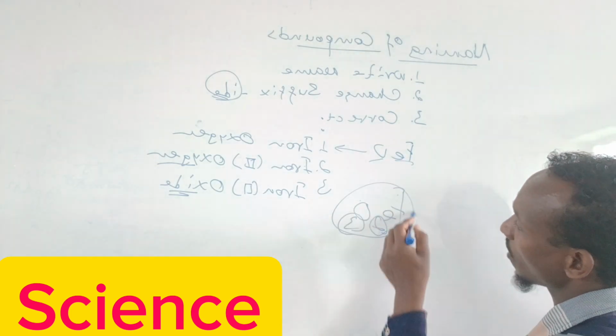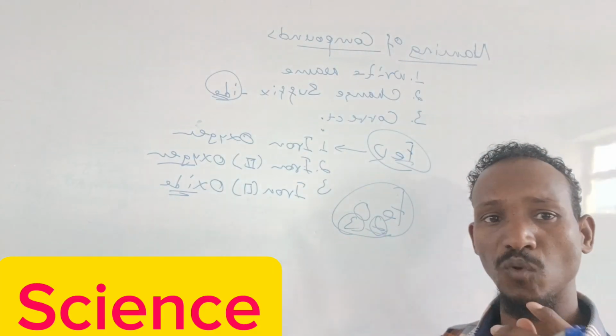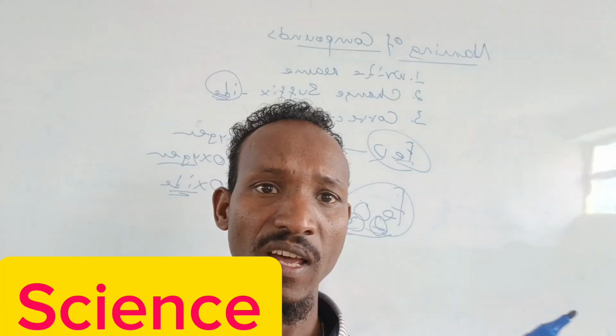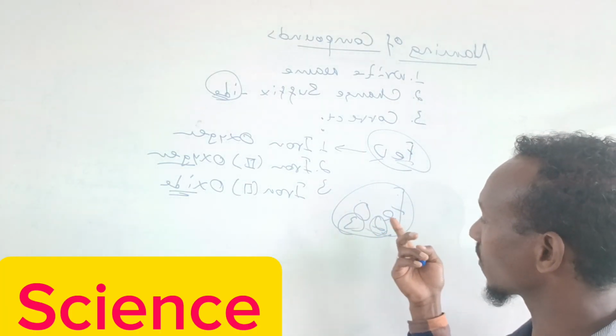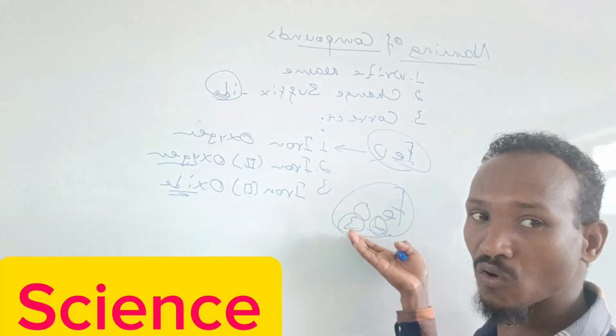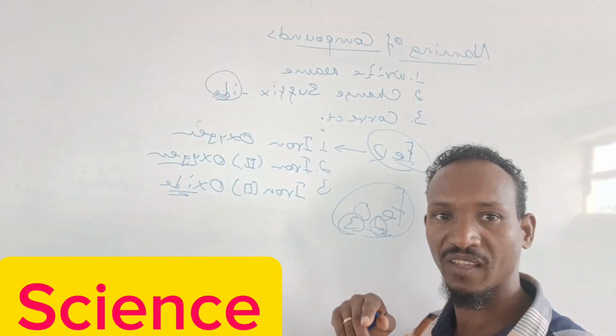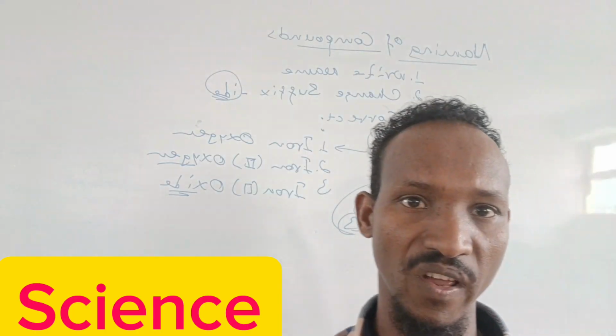This is how we can simply know the valency of the elements based on their formulas and their subscript numbers. This is how we can differentiate the valency of metals and non-metals from their formula. Try to use this consciously. Thank you.